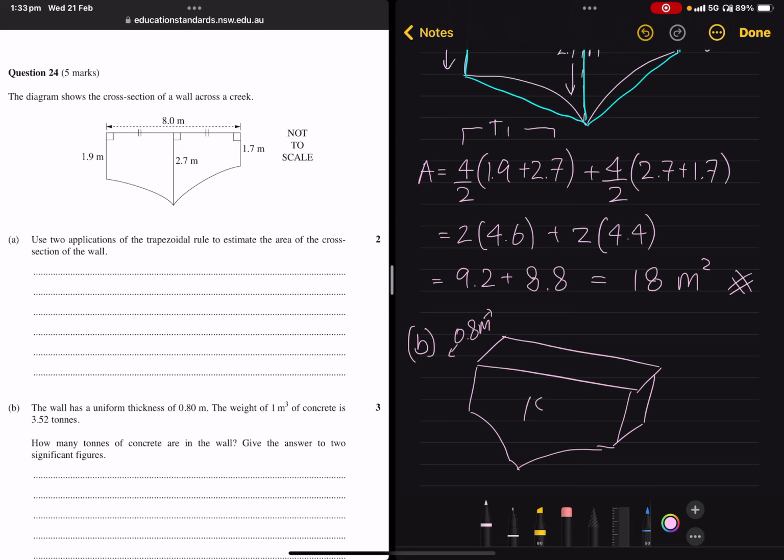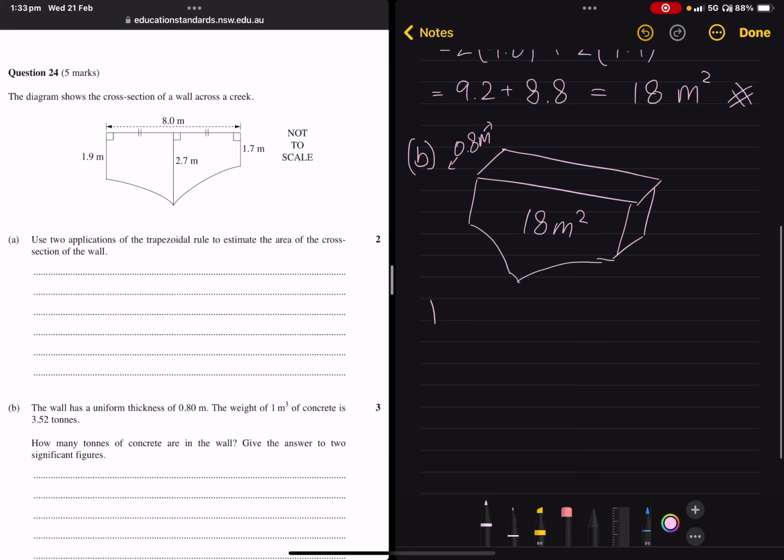Well, the surface area is 18 meters squared. The width is 0.8 meters, so the volume will be the product of these. The volume will be 0.8 times 18, which is 14.4.